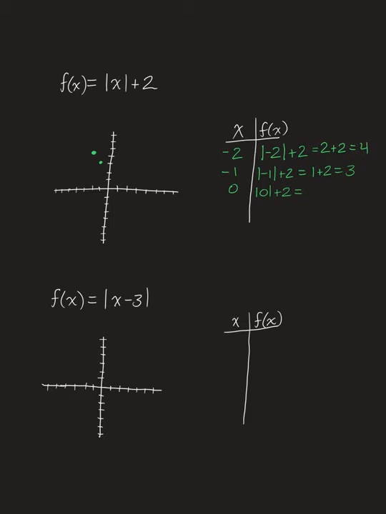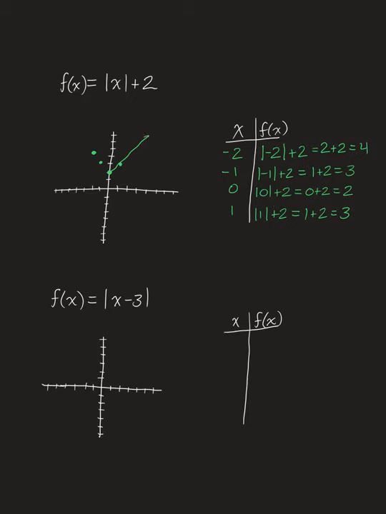So absolute value of 0 is 0, plus 2 is 2. So my coordinate point is 0, 2. Let's do one more. Let's go ahead and plug in 1. Absolute value of +1 is just +1, plus 2 is 3. So my coordinate point is at 1, 3.